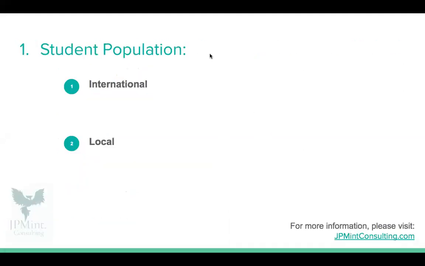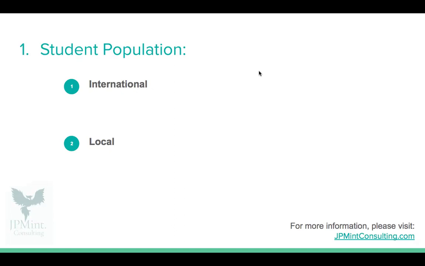So when you're considering an international school, and I think I'm talking to a few very experienced teachers today, but as this is being recorded and put on YouTube, I'm going to start with absolute new teachers overseas. There are essentially two student populations we're seeing in international schools these days. We're seeing international students, who the schools were made for originally.